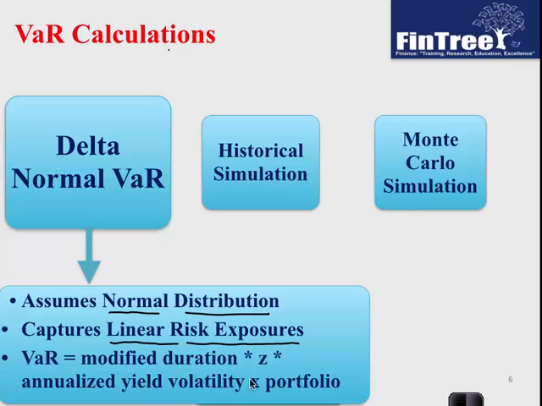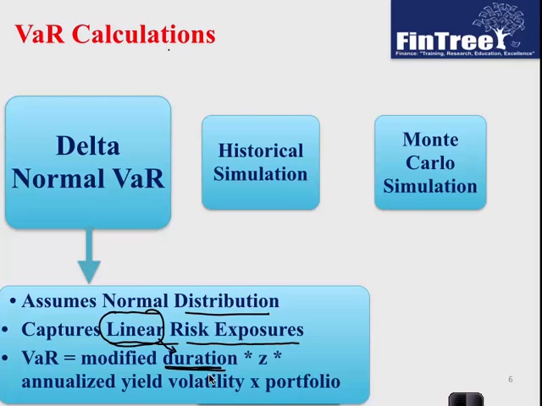So I have one formula here. Write down that formula for the timing. In the subsequent part of this reading, we will solve few numericals on this. And then, if you remember, duration is a linear measure of risk. So here it is capturing only the duration. It is not capturing the second delta, which is convexity, in this particular formula.